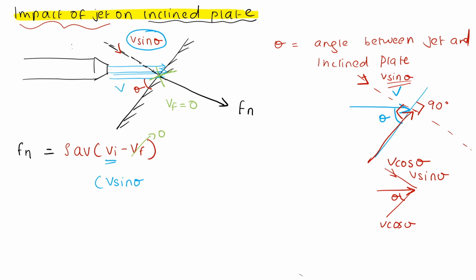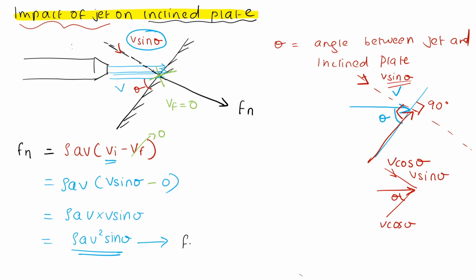So the equation becomes rho a v into v sin theta, that is, Fn equals rho a v square sin theta. This is the force exerted normal to the plate.